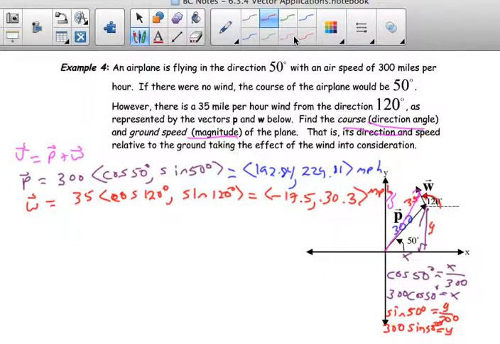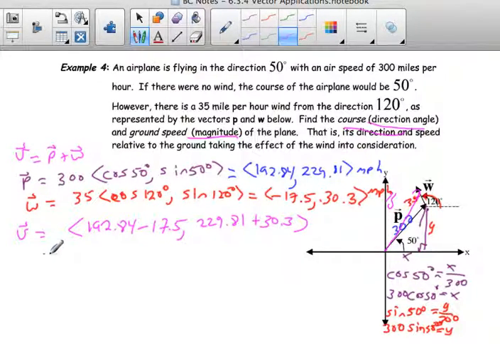So to add V, we're going to add the x components and the y components. So V is going to be equal to, if we add these up, 192.84 minus 17.5 in the x direction, and 229.81 plus 30.3 in the y direction.